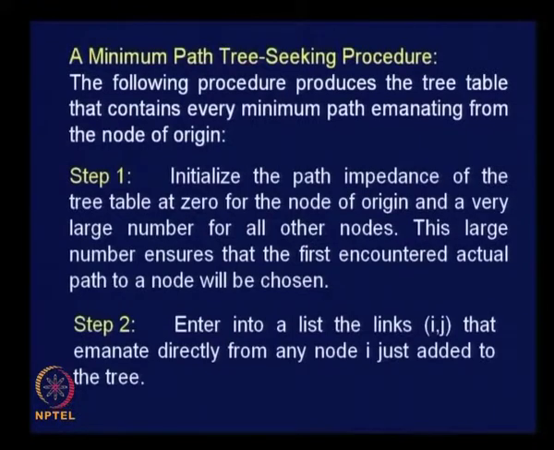I will explain this in more detail when we take up the numerical example. What you need to understand here is that we indicate the numbers of the starting and ending nodes for the concerned links with respect to the node of our interest.